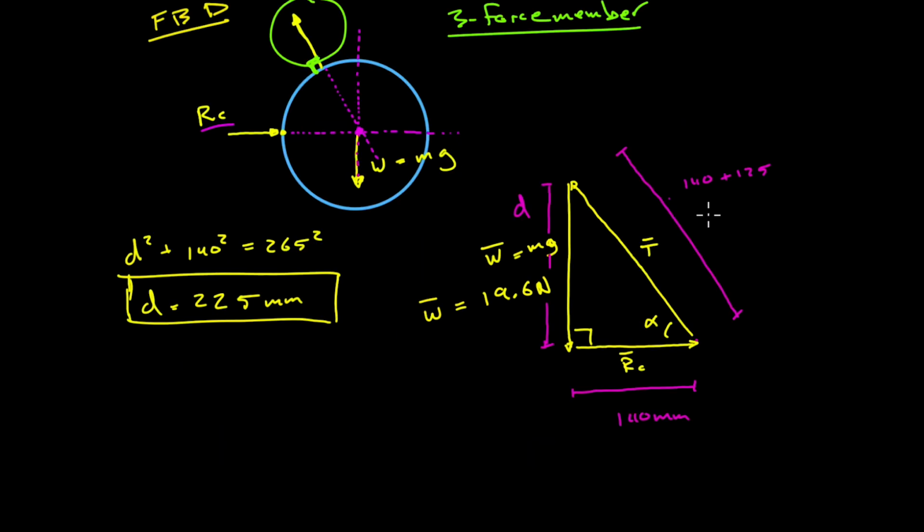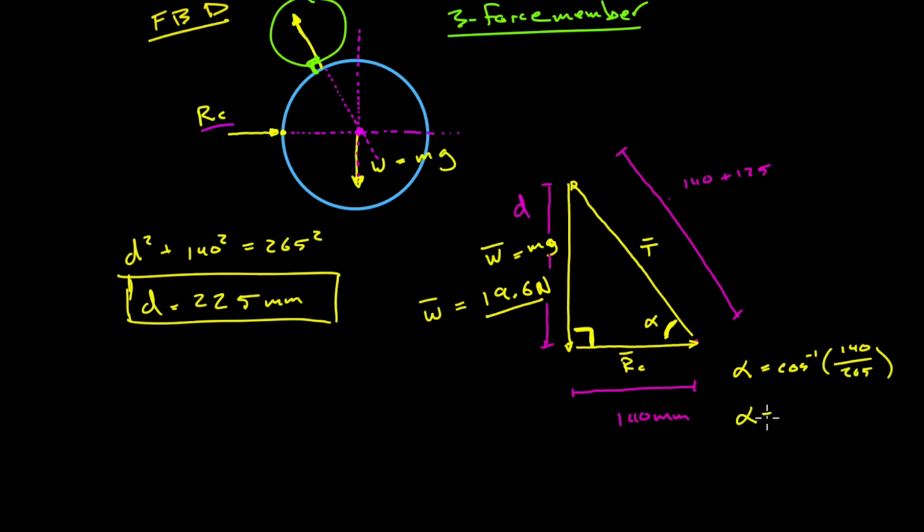Now, filtering out the magenta stuff here, just looking back at the actual force triangle in yellow, we can actually get this alpha by doing a little bit of trig on the side here. So alpha is just equal to the arc cosine of adjacent, which is 140, over the hypotenuse, which is 140 plus 125, or 265.